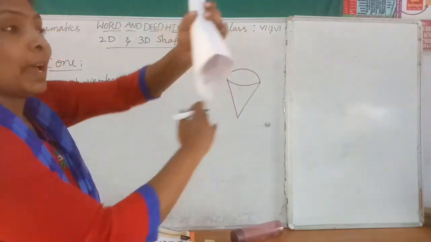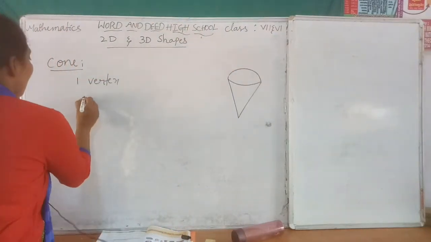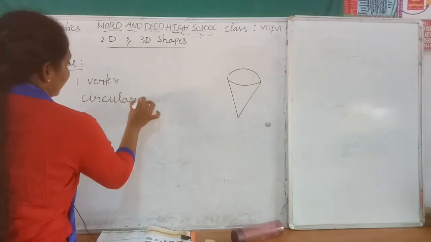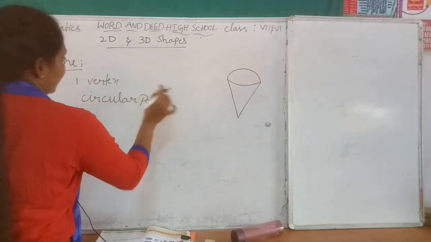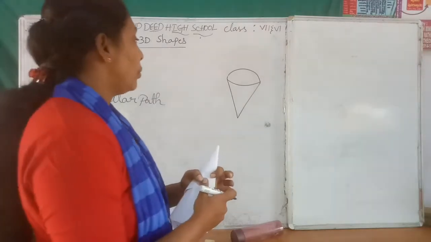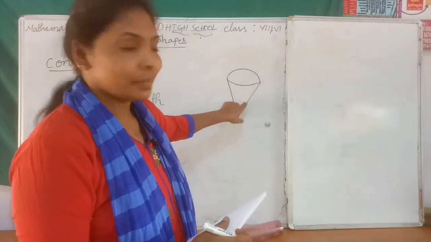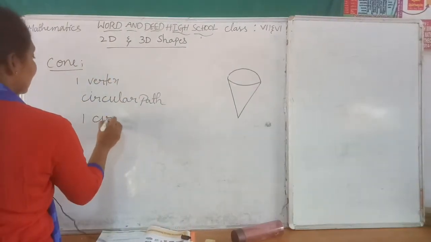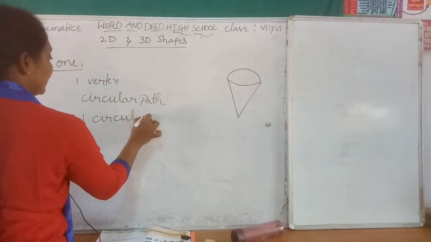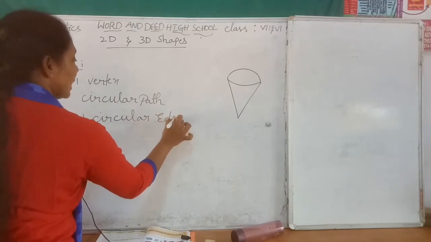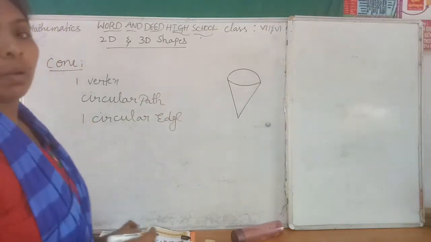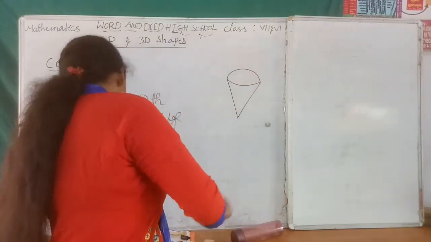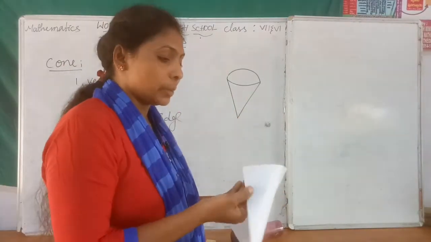Next, circular path. Top or bottom, we have a circular edge. Okay, so where do we have the height? See, children, suppose here we can take the height in this picture.